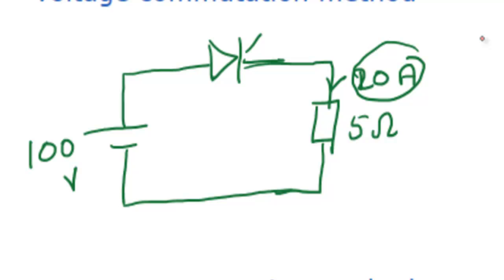In case of the voltage commutation circuit, I'm telling the principle. In general, for this conducting thyristor, we will apply a sudden reverse voltage. Once you apply the sudden reverse voltage, what will happen? This conducting thyristor suddenly becomes a reverse biased thyristor.